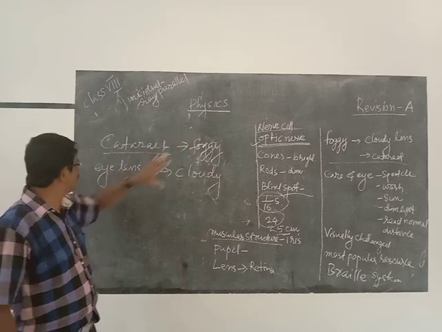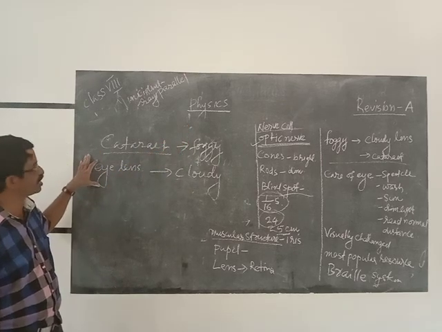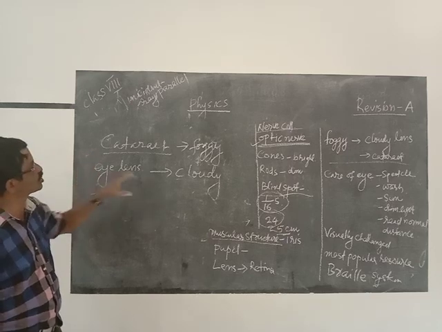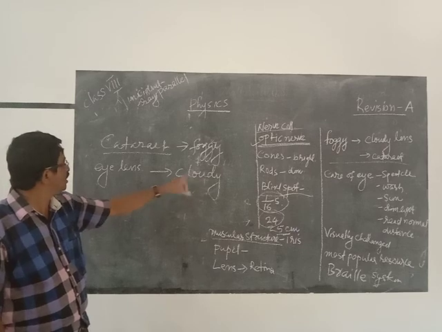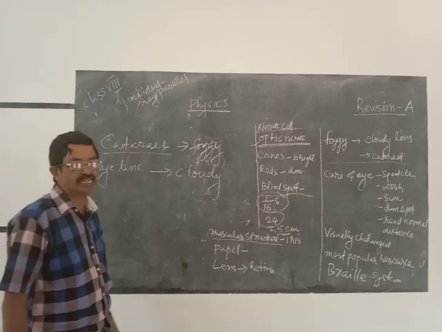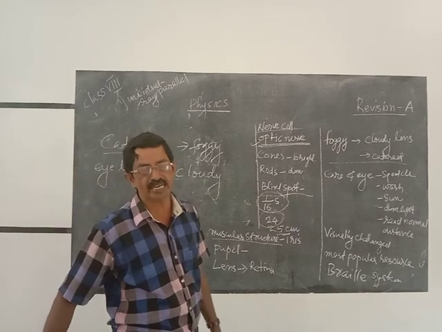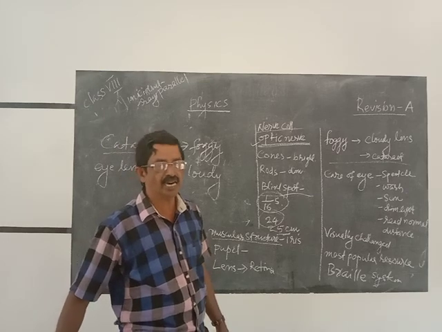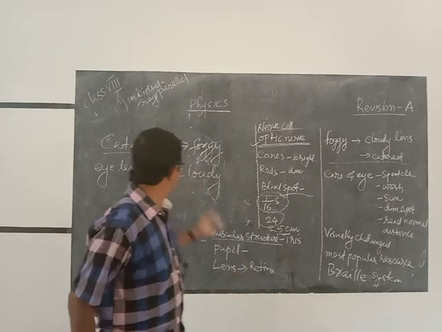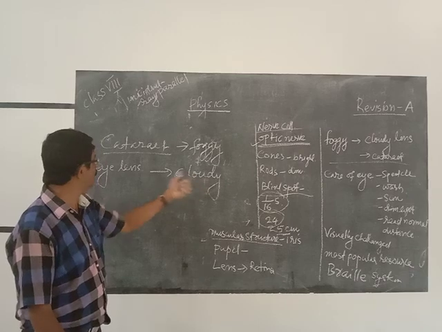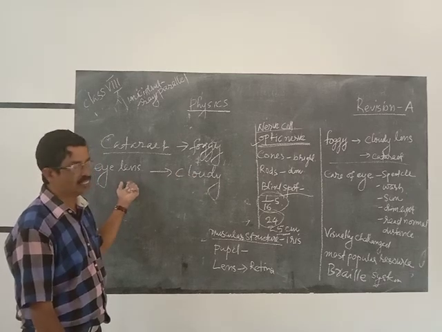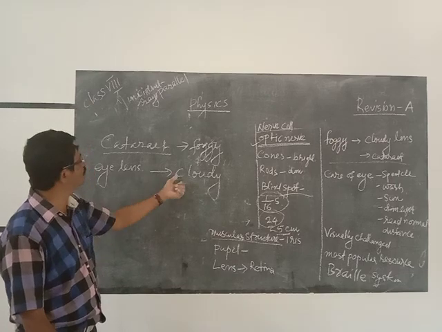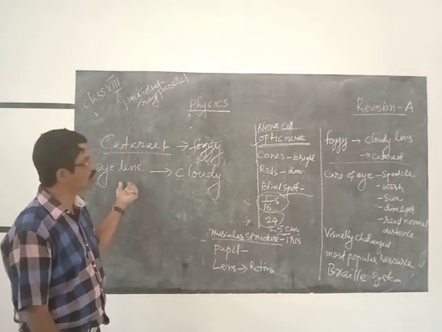This is due to the eye lens becomes cloudy, and that defect is called cataract. It can be overcome by replacing that cloudy lens with a new one, that means by artificial lens. This is the method.